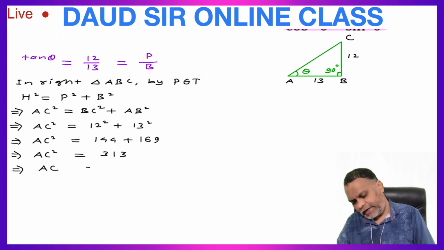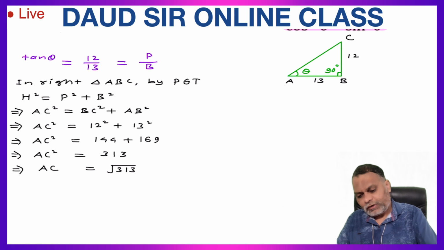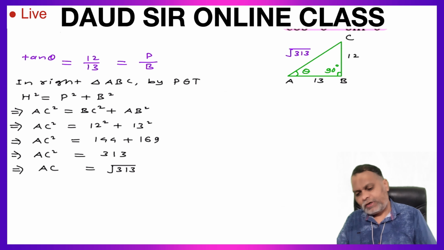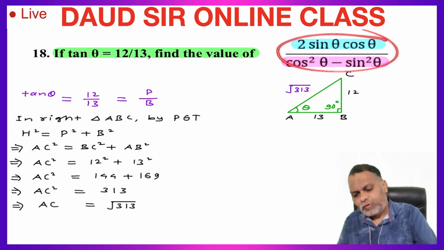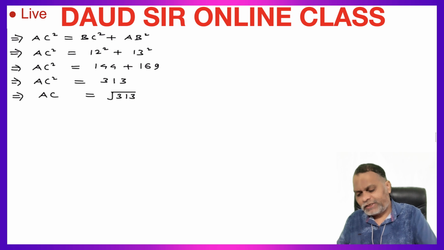Take square root, AC is equal to under root 313. Now 2 sin theta into cos theta upon cos square theta minus sin square theta.